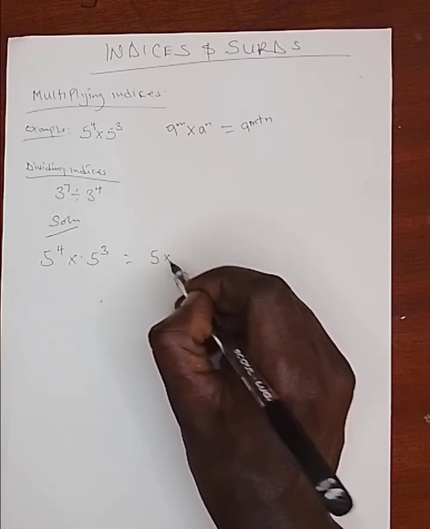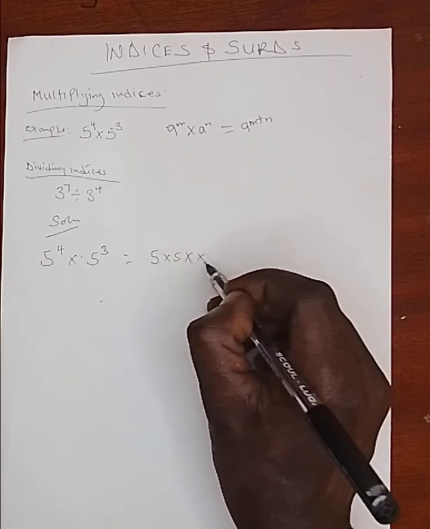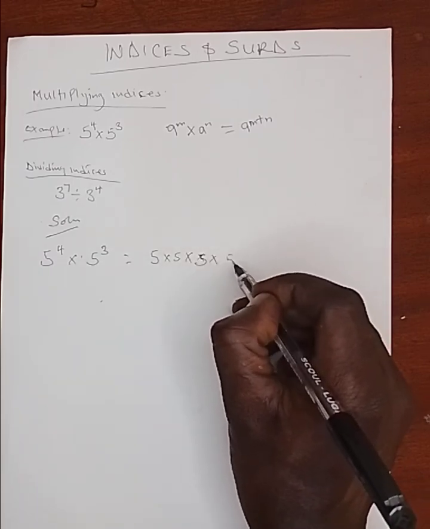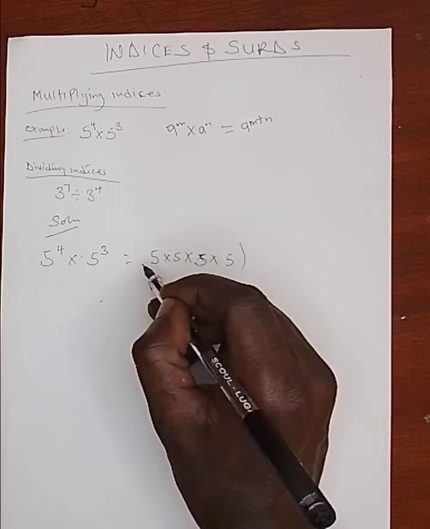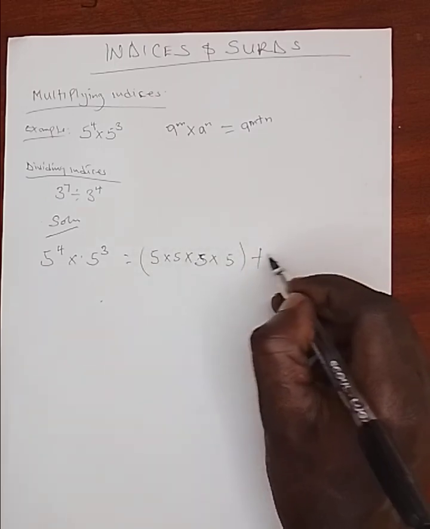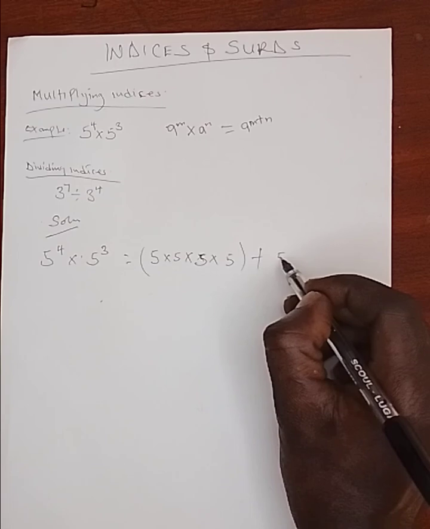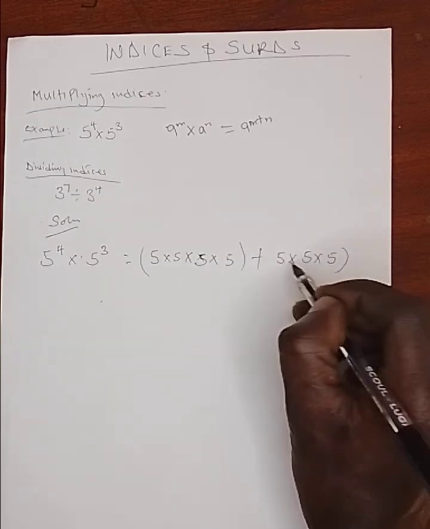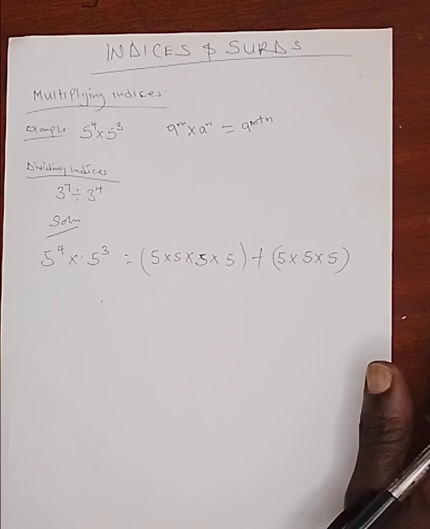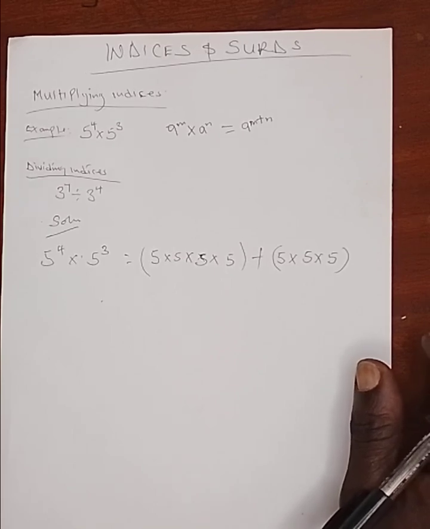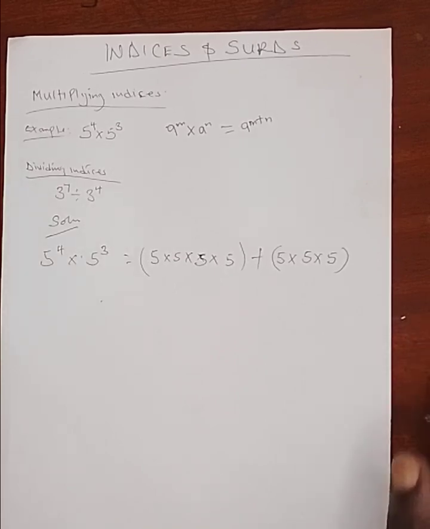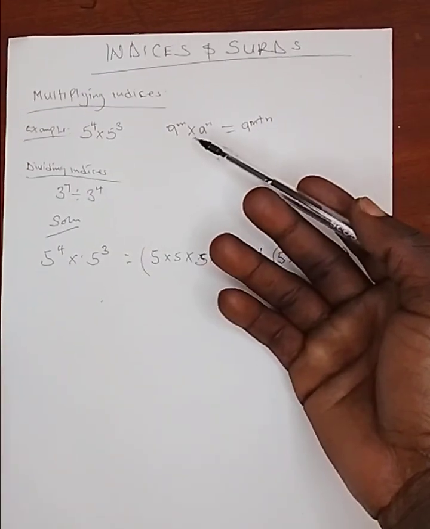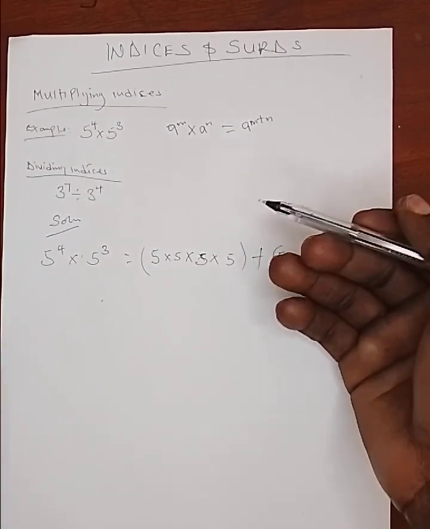This is 5 times 5 times 5 times 5, and you can put this in brackets. Then this is 5 times 5 times 5, also in brackets. So as I said, from our first rule, you have to add the powers.